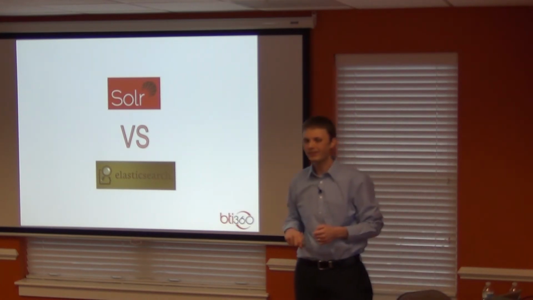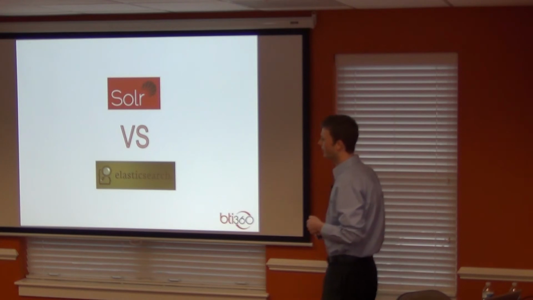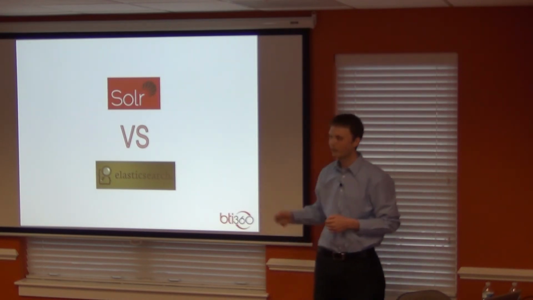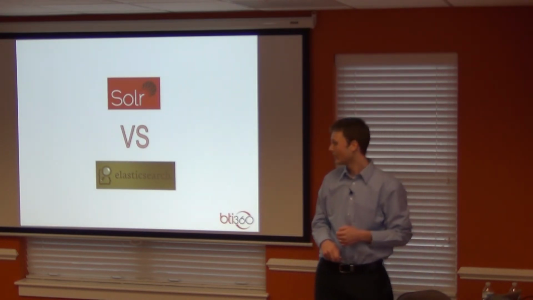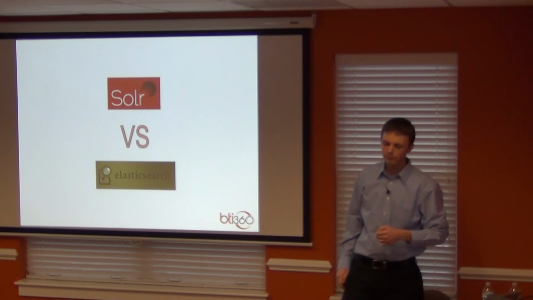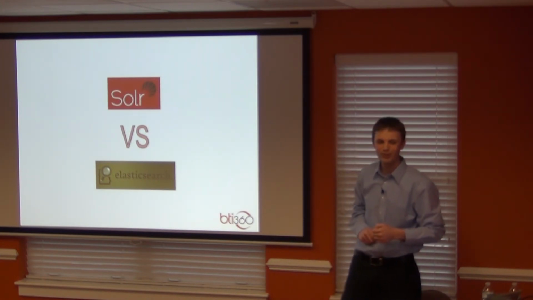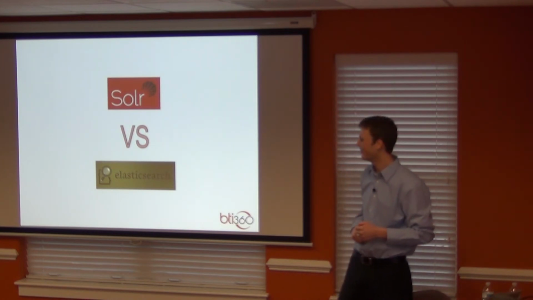So in comes Elasticsearch around 2010. They wanted to make distributed search easy, much easier than Solr. I think they were successful with that. But then the great thing with Elasticsearch is they've kind of shaken up Solr a little bit, to say, all right, you guys really need to stay relevant.